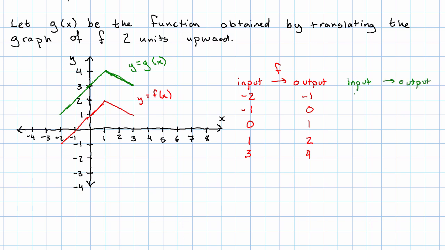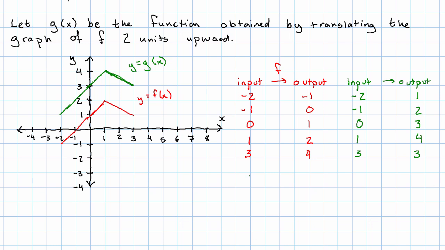For g, when the input is -2, the output is 1. When the input is -1, the output is 2. When the input is 0, the output is 3. When the input is 1, the output is 4. And when the input is 3, the output is 6.